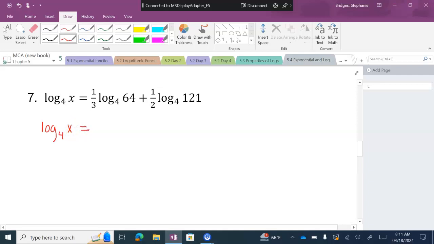On the right side, before I combine those, what has to go away first? The numbers in front. They have to go as exponents, okay? So we're going to take the 1/3 and move it as an exponent on the 64. And then we're going to take the 1/2 and move it as an exponent on the 121.